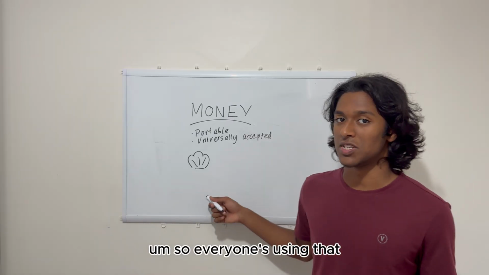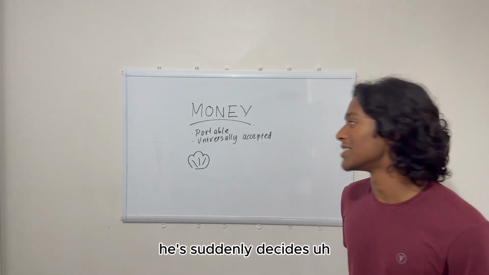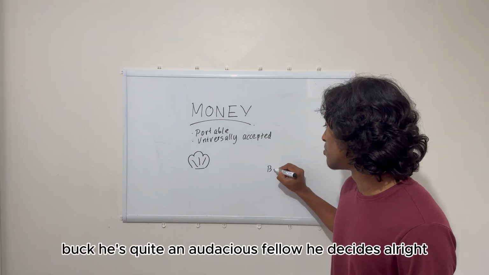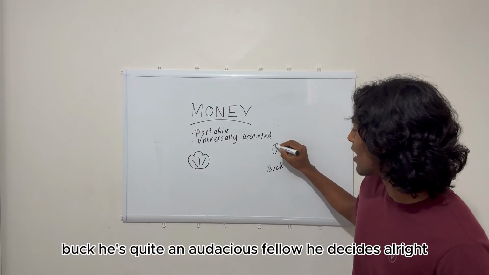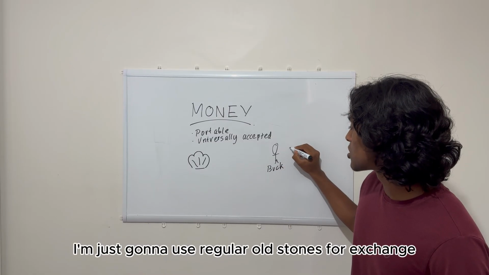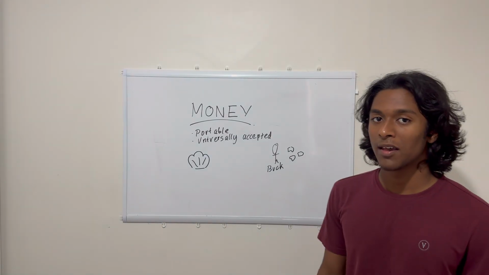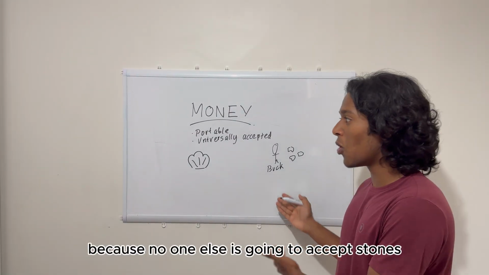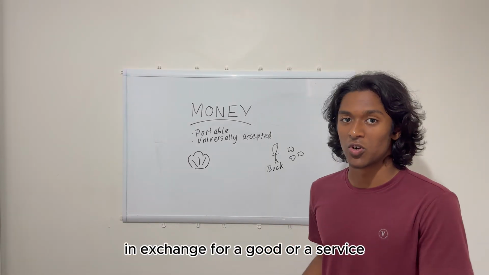Now, let's say one person in the economy suddenly decides, let's say it's Buck right here. Buck is quite an audacious fellow. He decides, all right, I'm just going to use regular old stones for exchange. This doesn't work because no one else is going to accept stones in exchange for a good or a service.